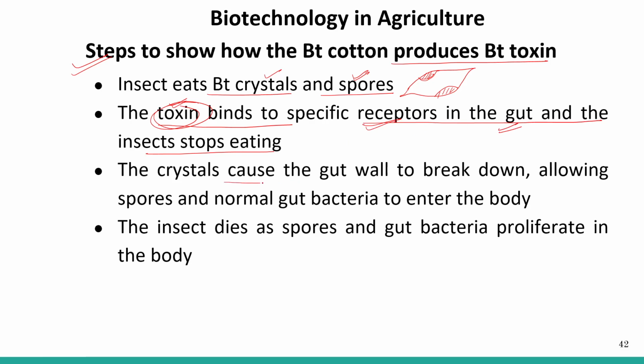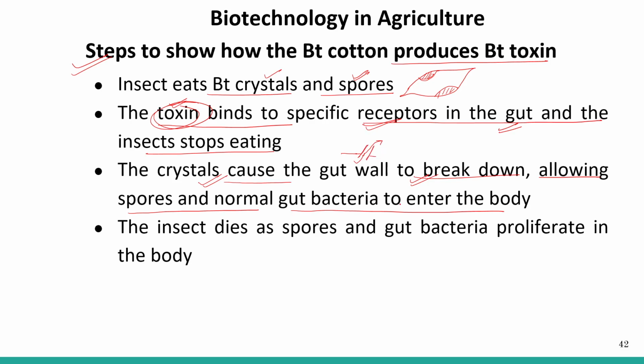The crystal causes the gut wall to break down, allowing the spores and the normal gut bacteria to enter the body. So the gut wall has some channel or opening through which the bacterial spores get inside the cells of the intestine.